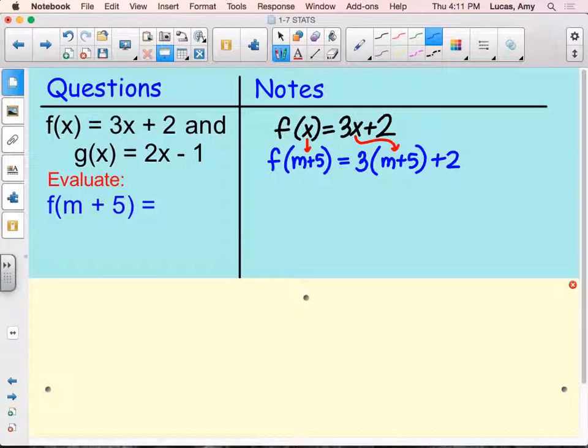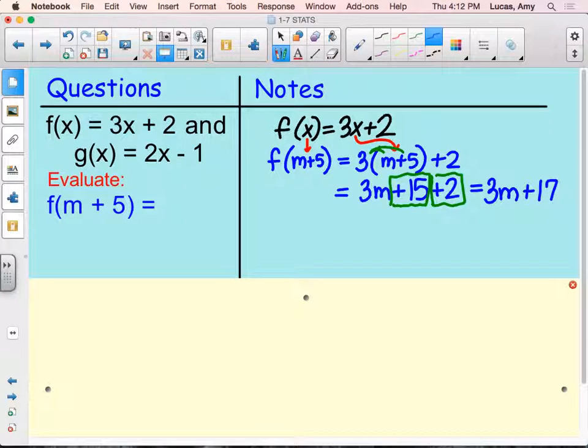So the entire thing that I'm plugging in has to get multiplied by that 3. So distribute the 3. 3 times m plus 3 times 5 would be 3m plus 15. Then combine your like terms. The 15 is a positive, the 2 is also a positive. Combine those together because they're like terms, and you get 3m plus 17.